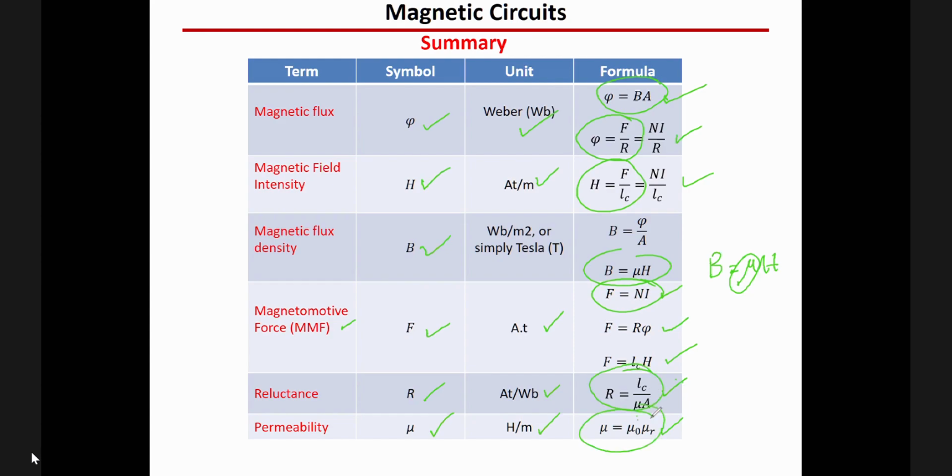The remaining will be just other forms of these equations. So make sure that by next class, inshallah, you at least memorize all of these equations and be ready, because the next step will be using all of these equations and analyzing magnetic circuits. Okay?